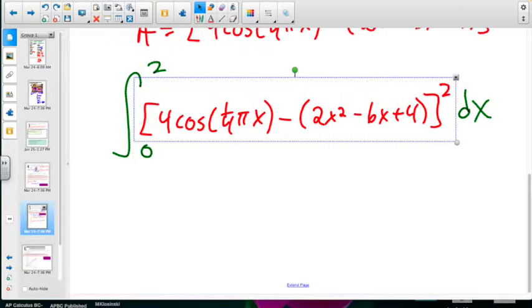Okay. And then all it's asking you to do is set it up. It's not asking you to find the answer. So don't worry about putting that into your fnInt. Don't need the answer to that one. All we need is the setup. So make sure your integration sign there, your limits are there, your dx is there, your brackets are there.